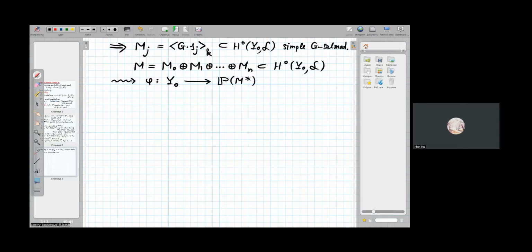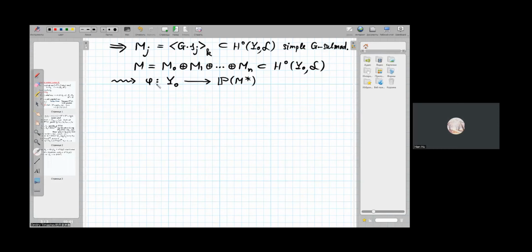Well, what is M naught? M naught is spanned by S naught, right? Exactly. So this notation holds for all j starting from 0, and for S naught it works as well. So we have this G-equivariant morphism from the spherical homogeneous space Y naught to the projectivization of the dual module M star.